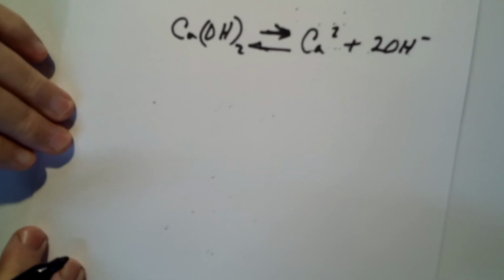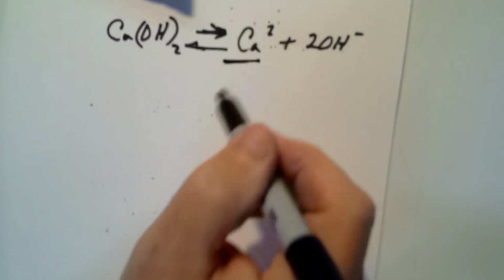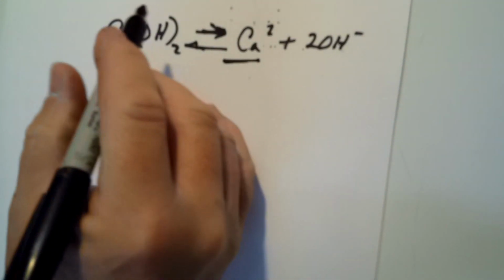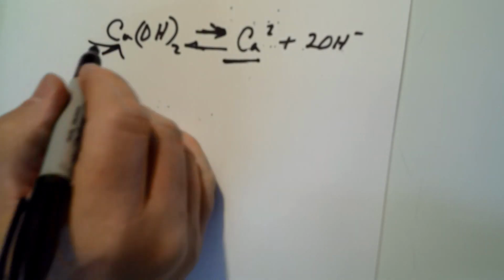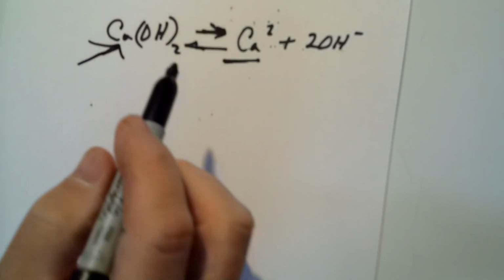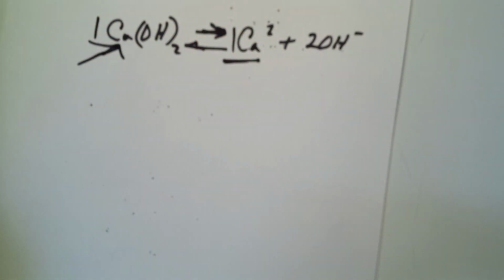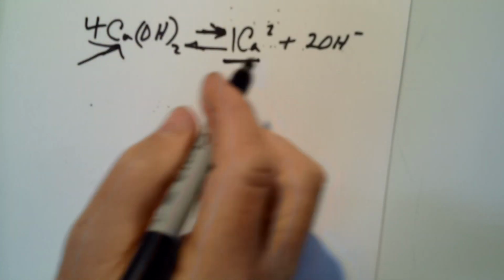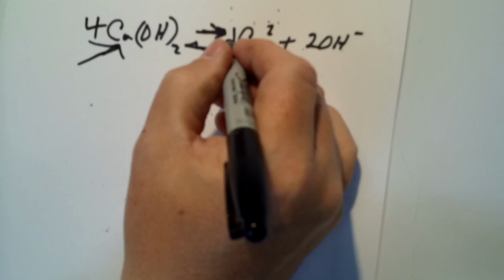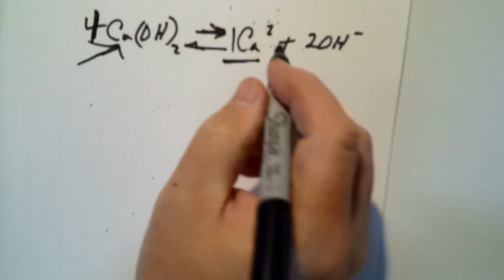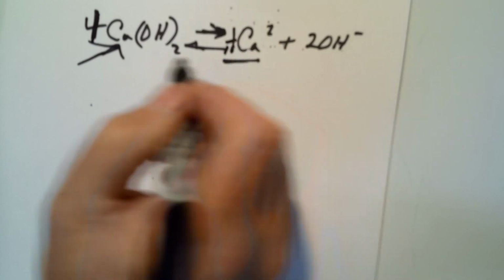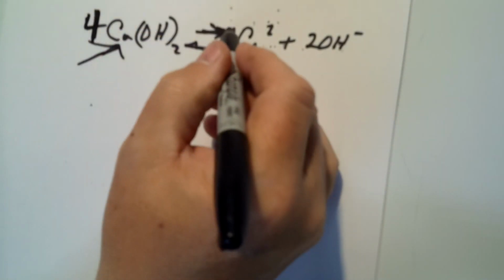So if we look at it that way, then if we want to increase the amount of calcium in the water, we have to increase the amount of calcium overall. Because if you have 1 mole here, you only get 1 mole of calcium there. If you get 4 moles here, you may only get 1 mole there, or half a mole, or whatever. If you've got 1 here, you may only get 1/10 of a mole over there. But if you make it 4, you get 4/10.